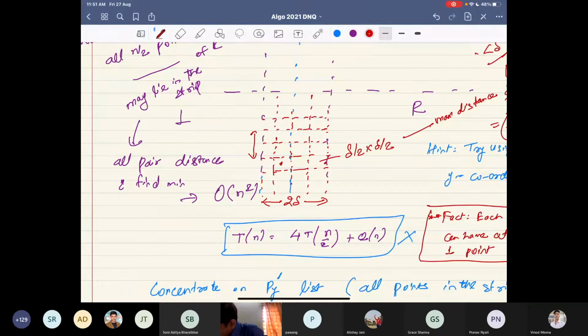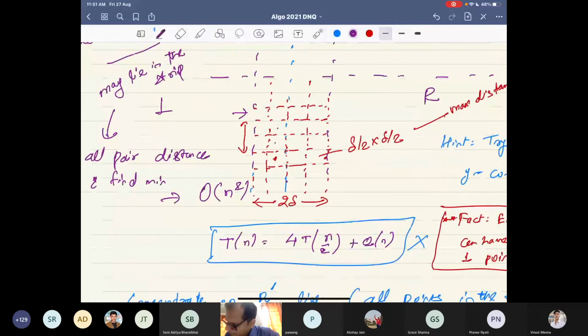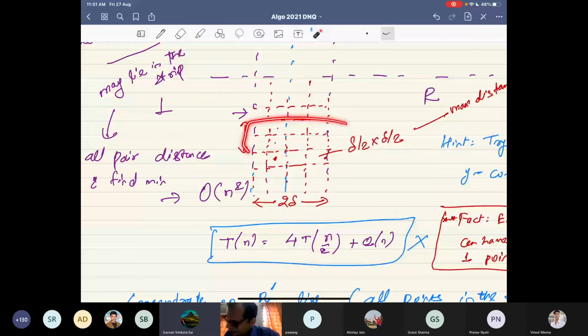I don't have to go to this block at all because delta by 2 is already smaller than delta, right? So I need to only compare with these things. But sir, why will we go in the y direction? Because it is already on one side of the partition, so there will be no point which is less than that.